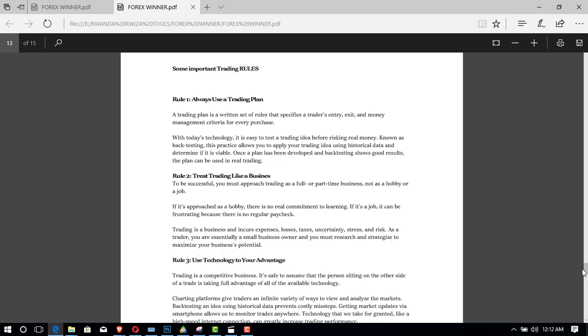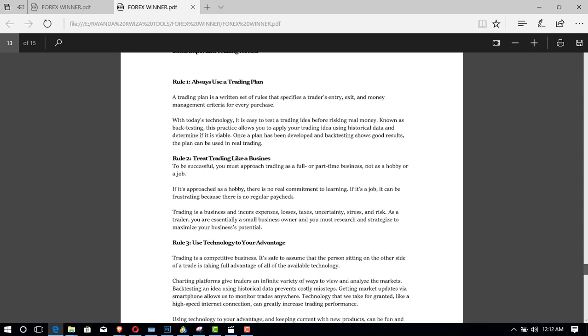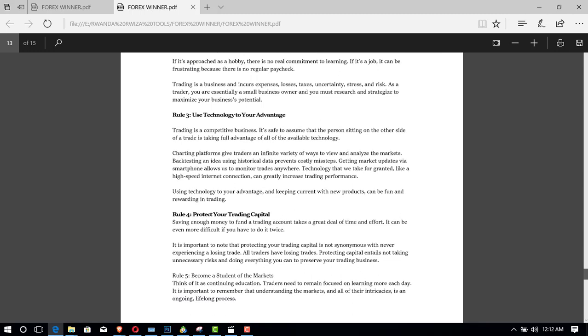Losing money is traumatic enough. It is even more so if it is capital that should never have been risked in the first place.